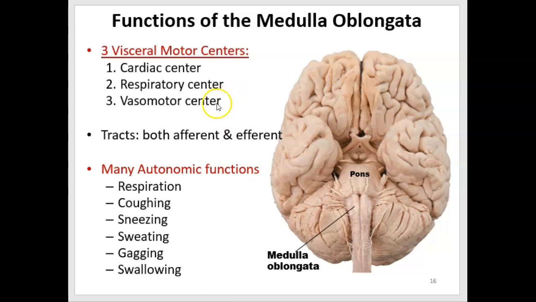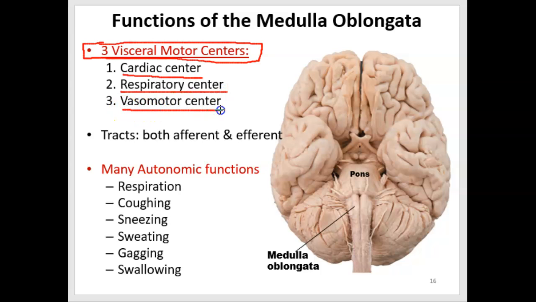The medulla oblongata has three very important motor centers. This is one of its primary functions, well, three primary functions. It has a cardiac center, it has a respiratory center, and it has a vasomotor center, which relates to your blood vessels constricting or dilating.